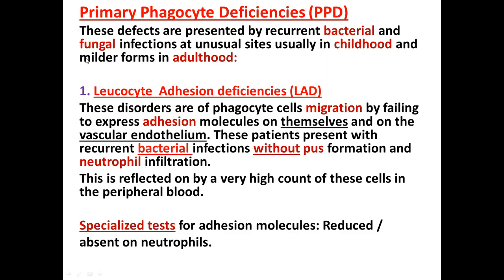They relate to the function of the phagocytic cells. You know that when an infection occurs in an area, the phagocytic cells have to migrate to the area of infection. So they attach to the blood vessel and then migrate, and you can have a defect in leukocyte adhesion.